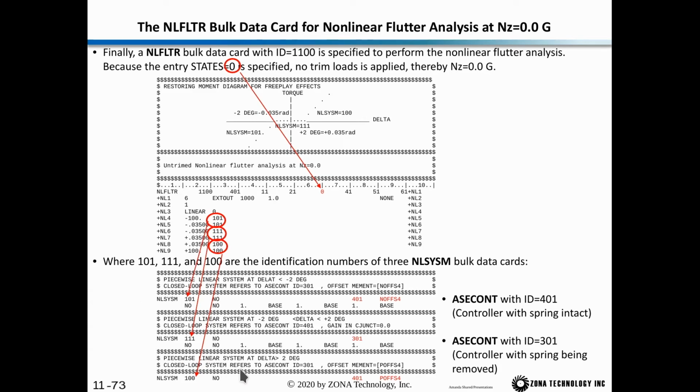And once again, our mass, damping, and stiffness matrices are all the nominal matrices for all cases. We have our negative and positive offsets shown here, and then we have our 2 different ASE control systems referred to here. So the controller is what removes the spring stiffness.